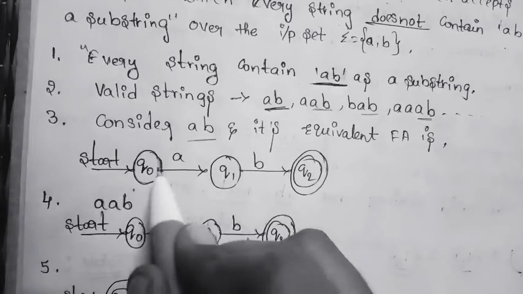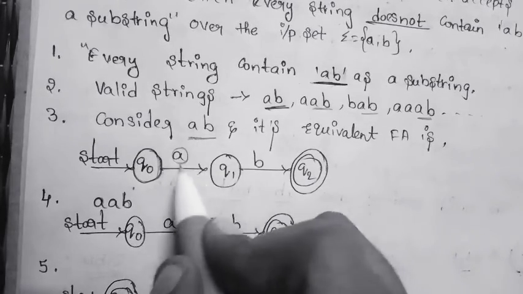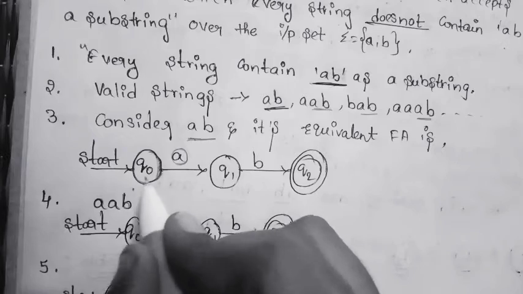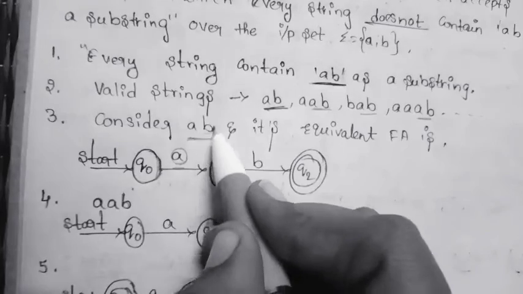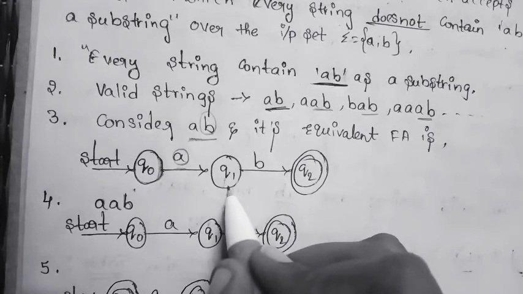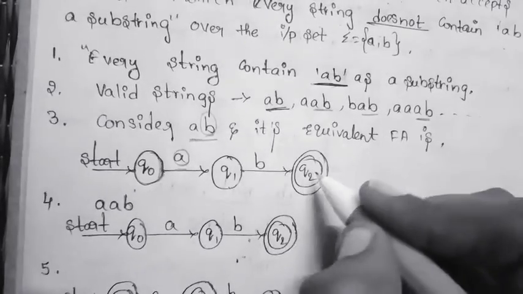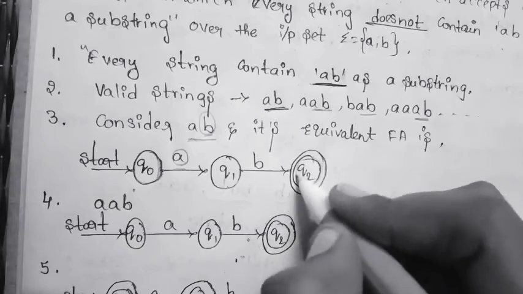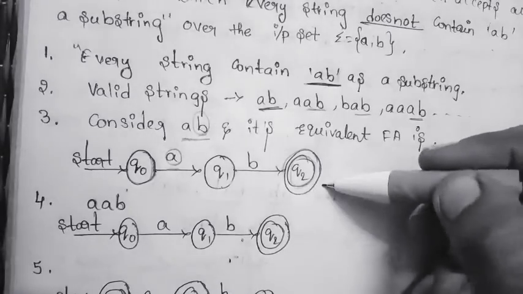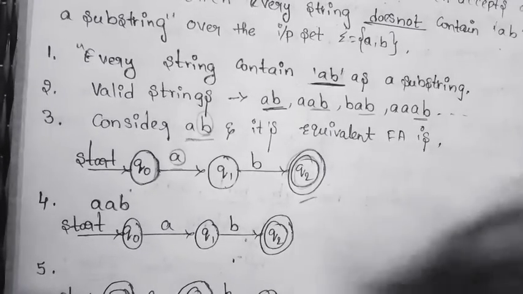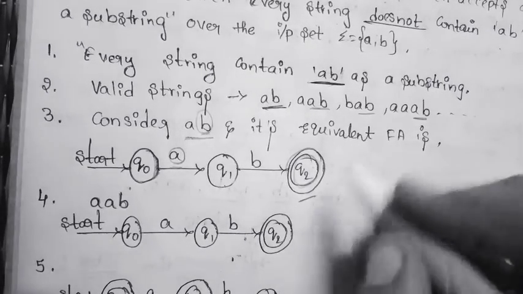From here to here, A is our first input symbol, so we go from Q0 to Q1 with input symbol A. Then we have input symbol B, so from Q1 to Q2. B is the last input, so Q2 is the last state, that means the final state. Whenever we reach the destination, we call it the final state, and we represent the final state with a double circle.